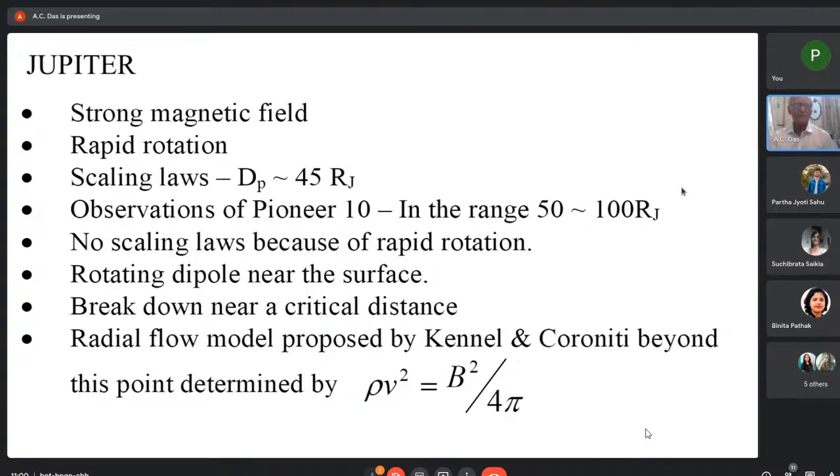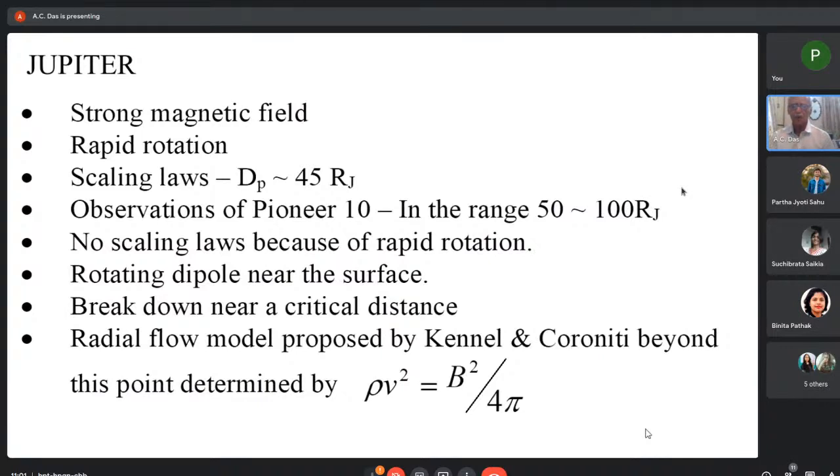Jupiter has a strong magnetic field. It is a rapidly rotating planet, and if you use the scaling laws, the distance of the magnetopause of Jupiter is around 45 RJ. However, the observations of Pioneer 10 found it to be in the range of 50 to 100 RJ. There's a lot of difference.